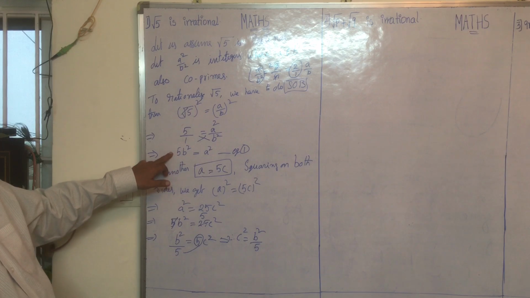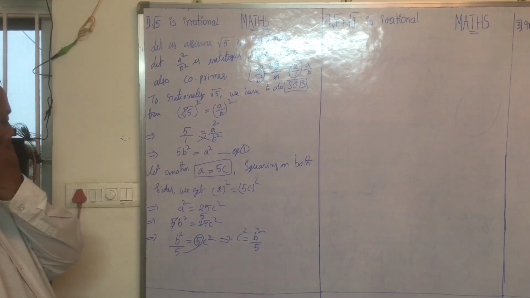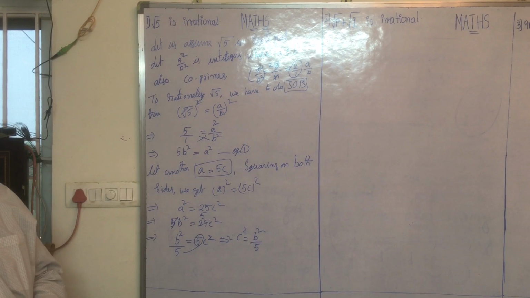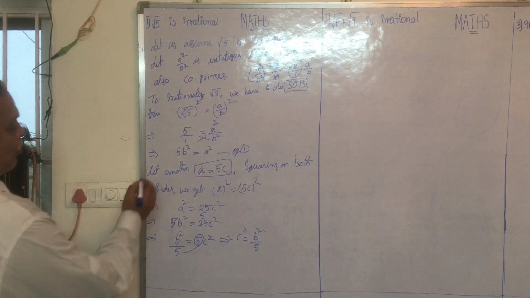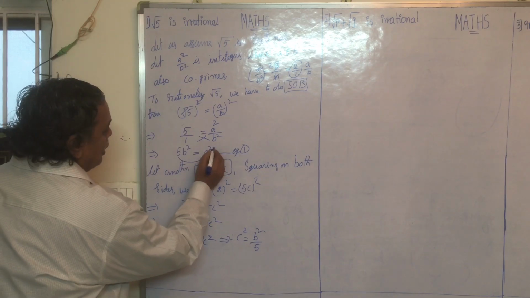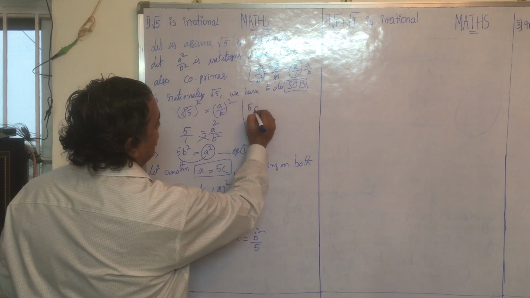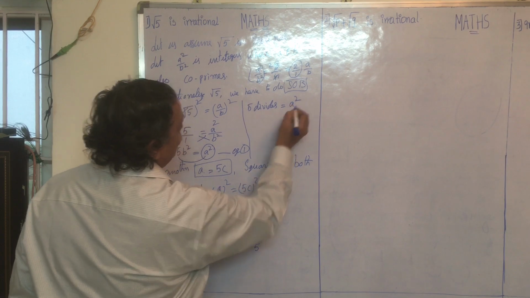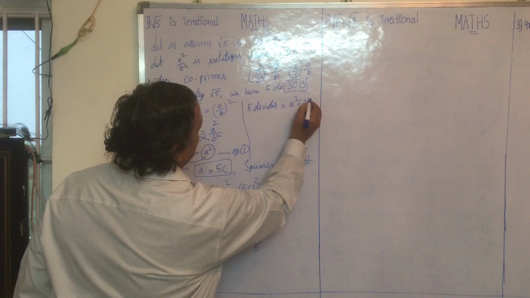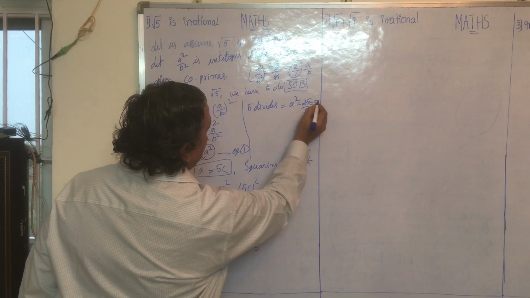What happens in the two cases? Here what happens? Can a divide, or can 5 divide? 5 can divide both a and a square. Here write down: 5 divides a square and 25. 25 by 5 is equal to 5. And again this 5 is divided by this 5.